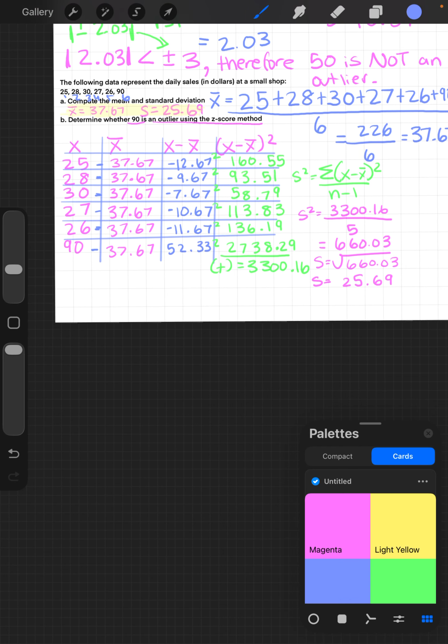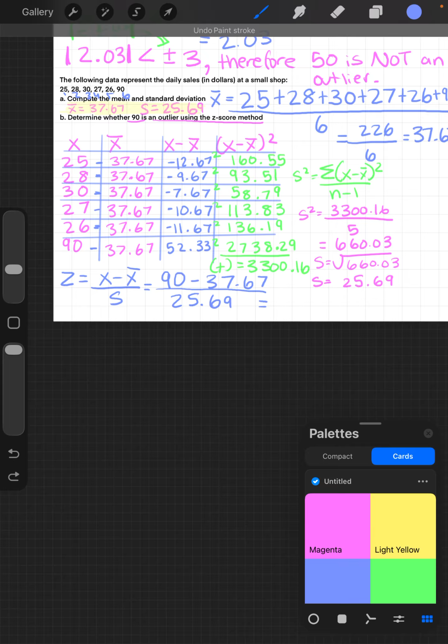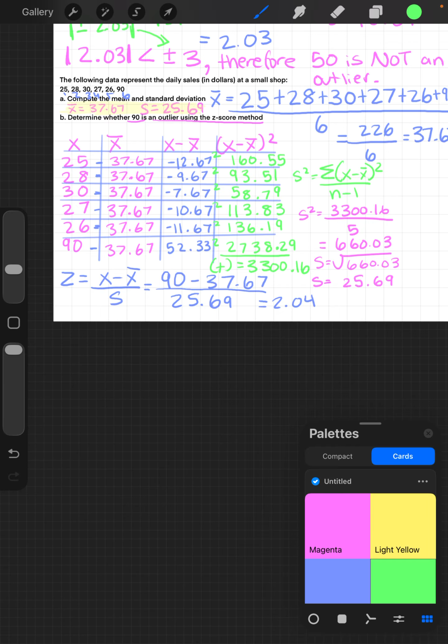So our Z is equal to X minus X bar over S, which is equal to 90 minus 37.67, divided by S. And our S is 25.69, which is equal to about 2.04. And then now, what does this number mean?